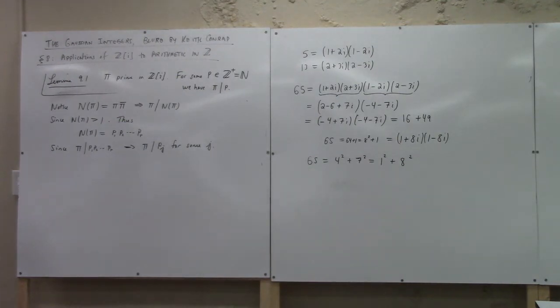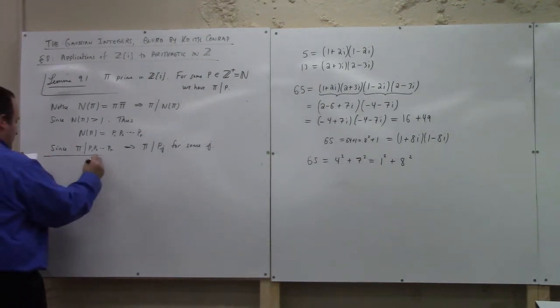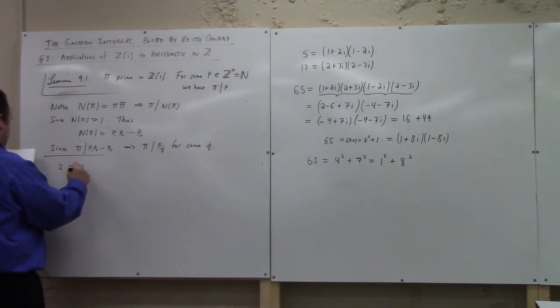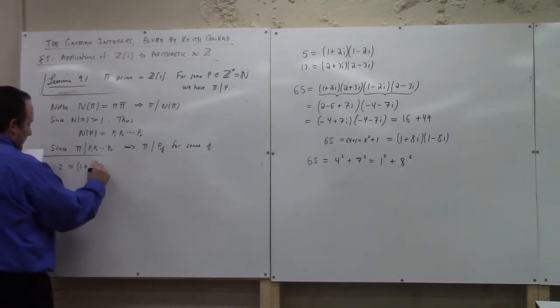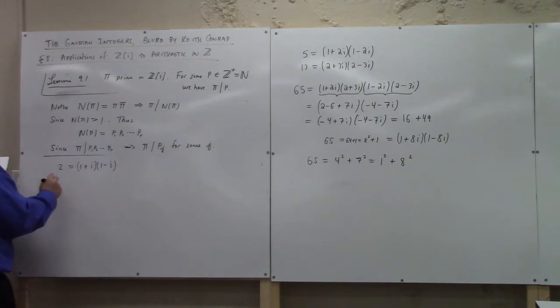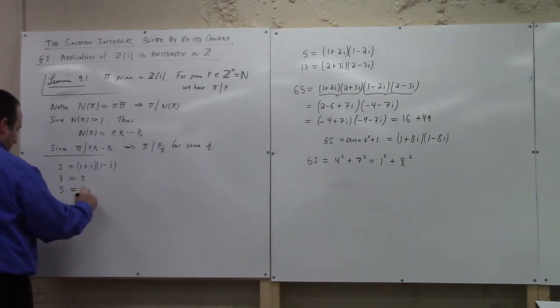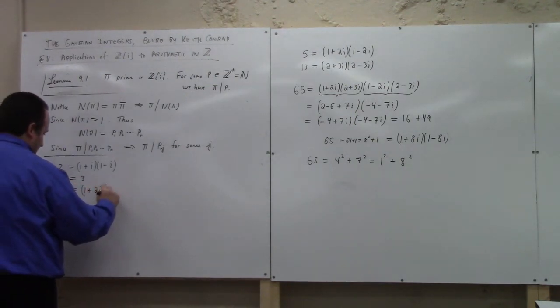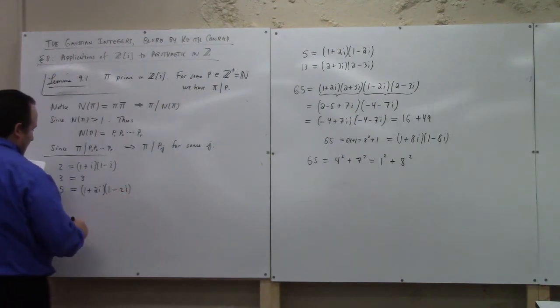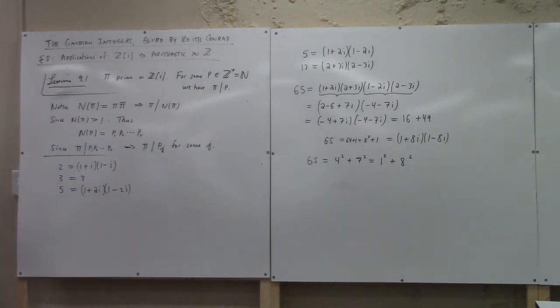Here are the Gaussian prime factorizations of the first 3 prime numbers. 2 equals (1 plus i) times (1 minus i). 3 equals 3. 5 equals (1 plus 2i) times (1 minus 2i). So these are the prime factorizations of the first 3 primes in Z[i], of course, we're factoring in Z[i], right?